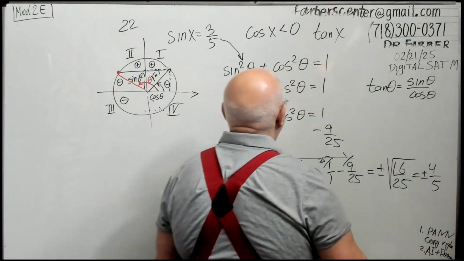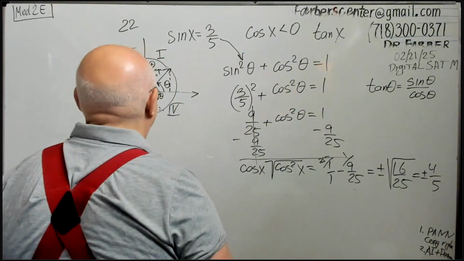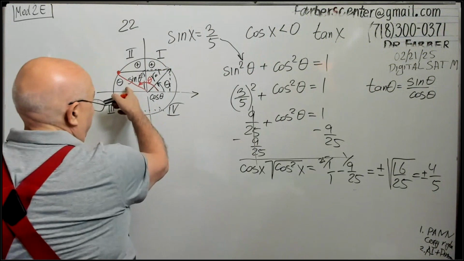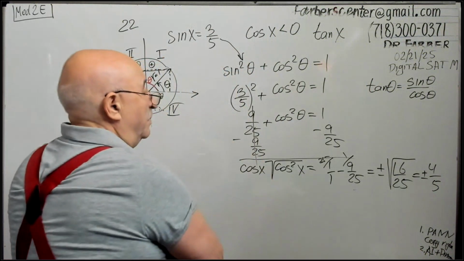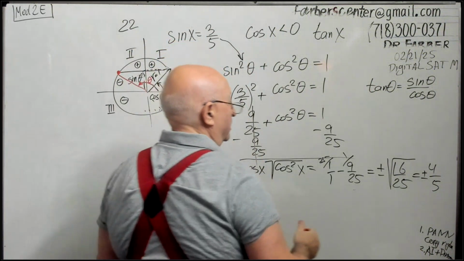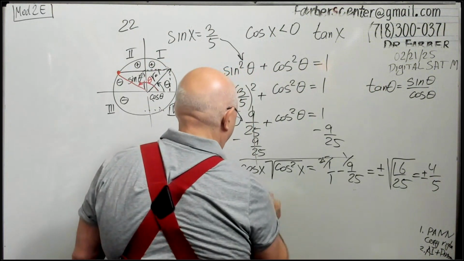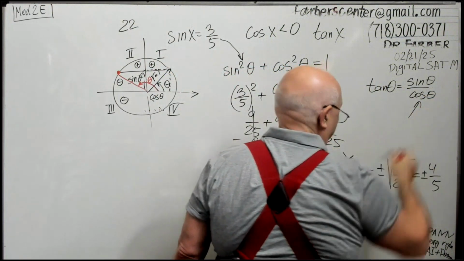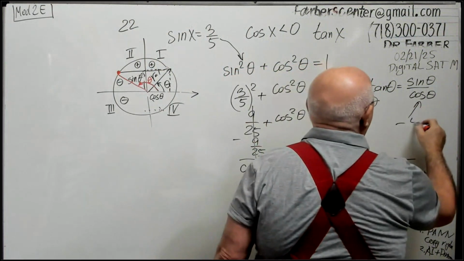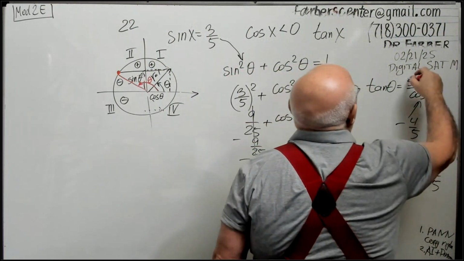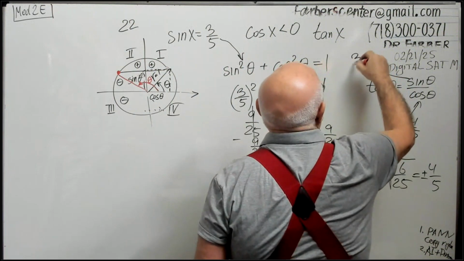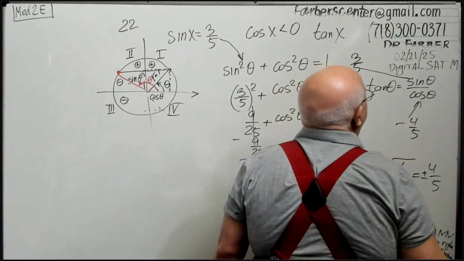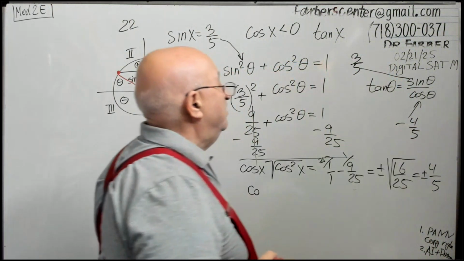But cosine is less than 0 because we're in this quadrant and this is given. So cosine of x in our case is negative 4/5. And sine equals 3/5. Now just divide the fractions and get the answer.